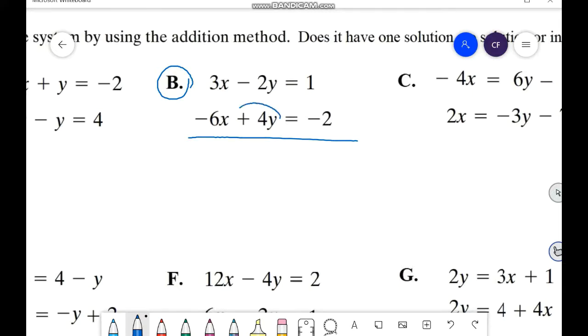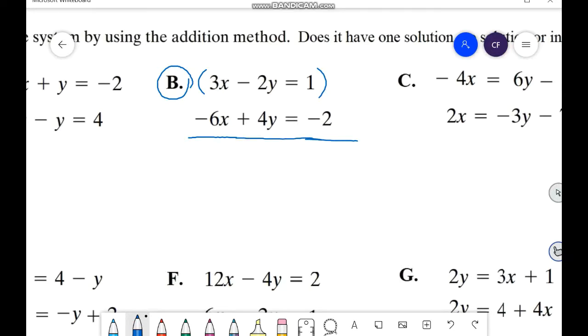Let's say I want to eliminate y. So I have positive 4y. And to be able to eliminate y, I need to have negative 4y on the other equation, right? So we can eliminate and have 0. To have negative 4y, I need to multiply this equation here by a number.